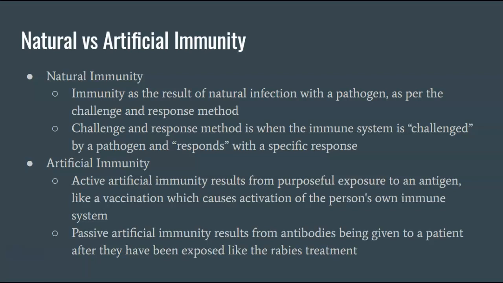That's natural. But artificial is like making an appointment at the doctor's office and getting a vaccine. And then passive artificial immunity is when the antibodies are given to a patient, like after you're exposed to rabies, you get a shot full of the antibodies.